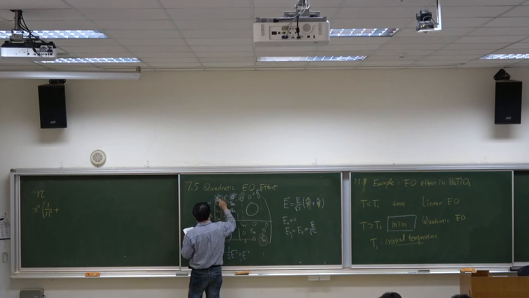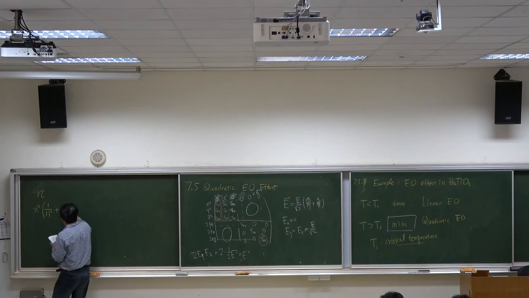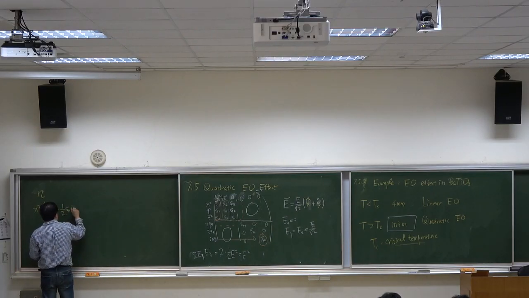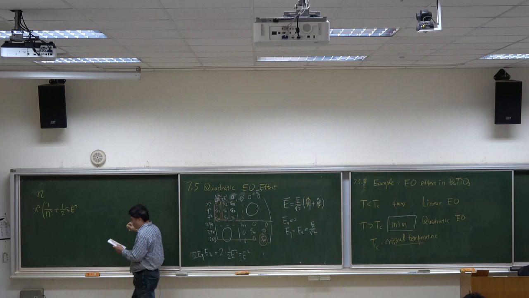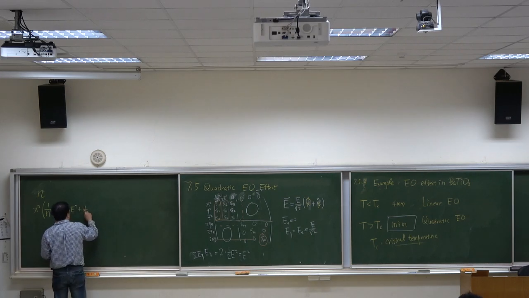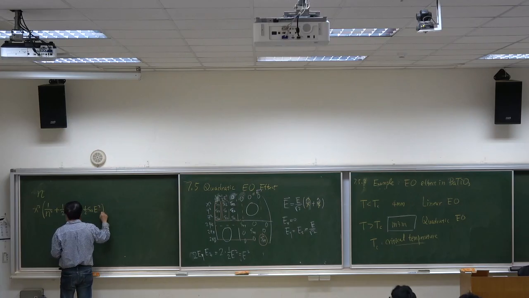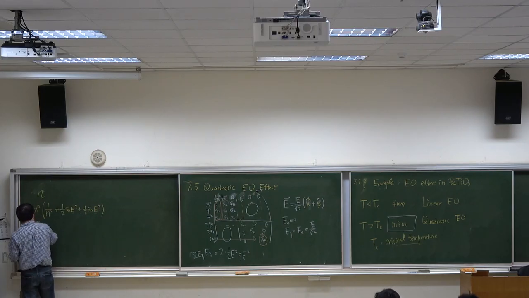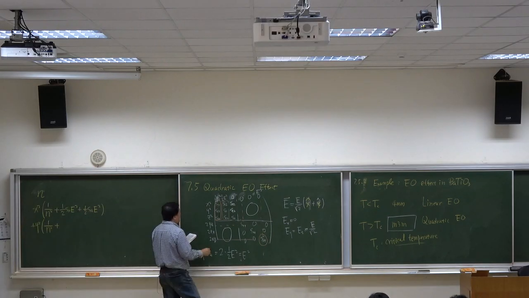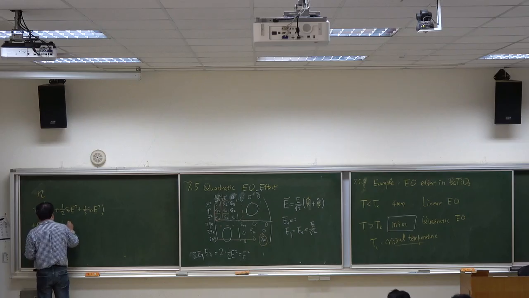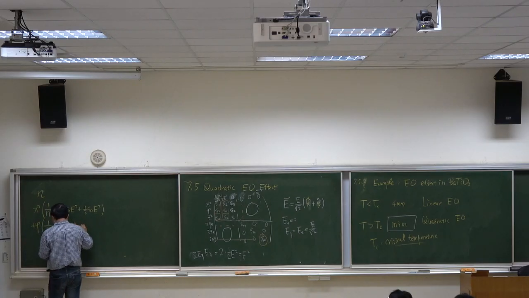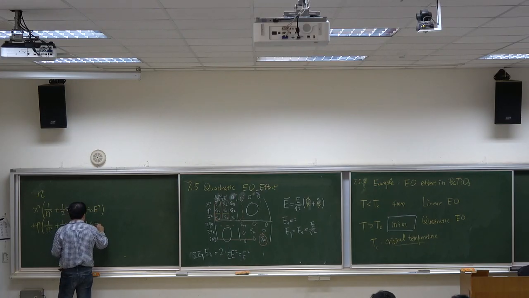So this term is 1/2 E squared times S11, and this term is 1/2 E squared times S11, plus 1/2 S12 E squared plus 1/2 S12 E squared.